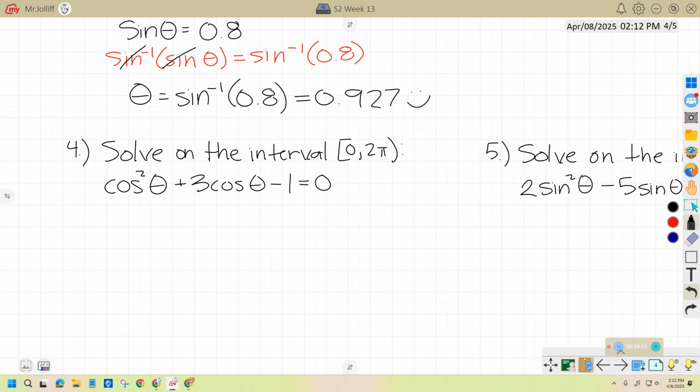It's difficult to see with the cosines in it, so I'm going to do a variable replacement. I'm going to say let cosine of theta equal x. Let's remove the trig functions from the issue and just solve the equation looking at its basic structure, and then deal with the trig function at the end.